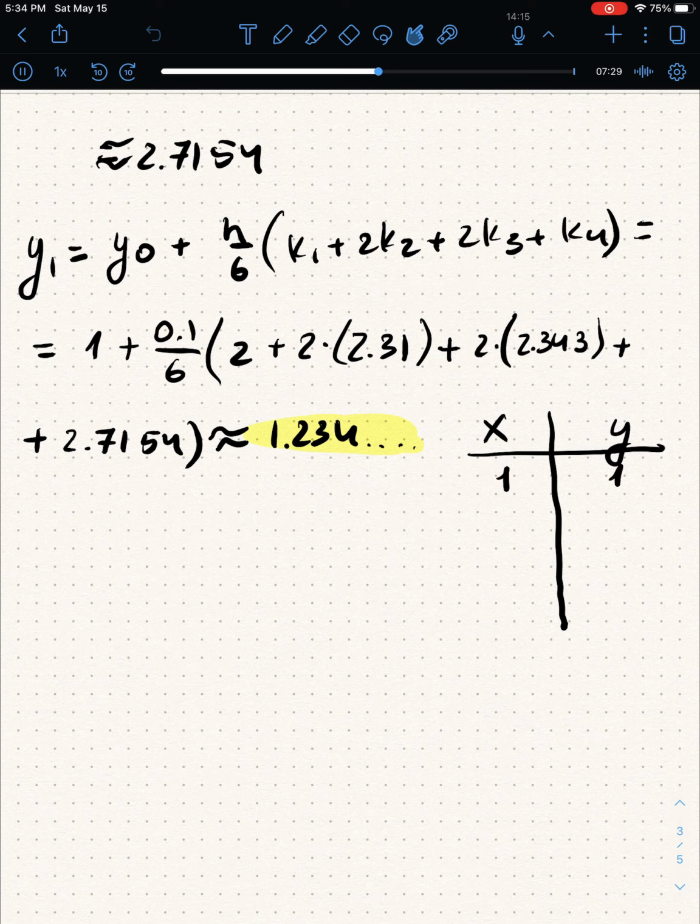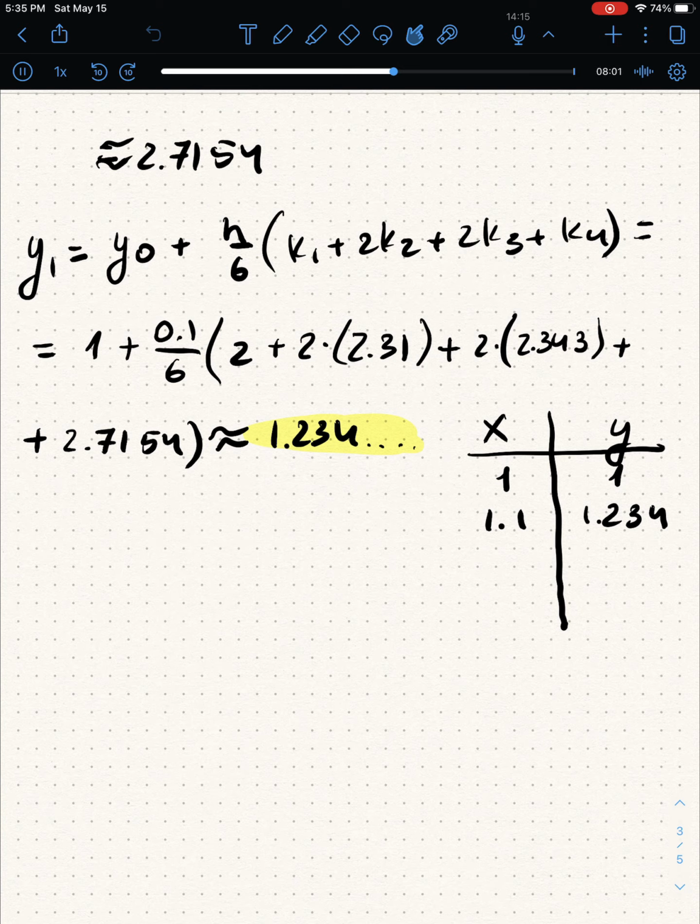But remember from Euler's method, x1 is just x naught plus our step. We know our step is 0.1, so our next value of x is just 1.1. And for that value of x equals 1.1, we get our approximated value for y to be 1.234. Good. We're one step closer to the answer.